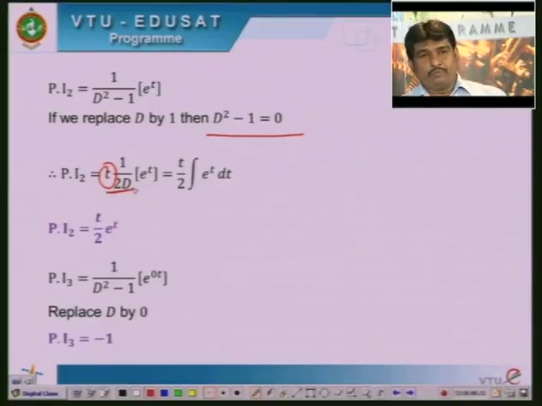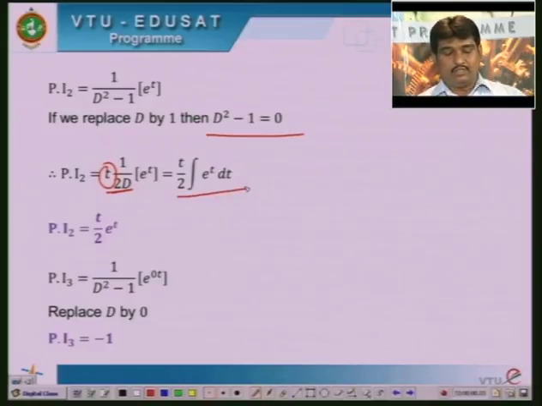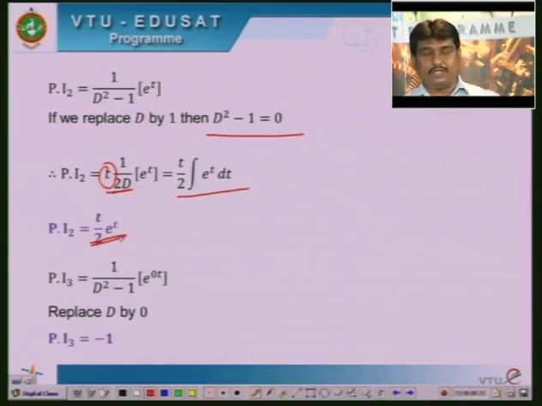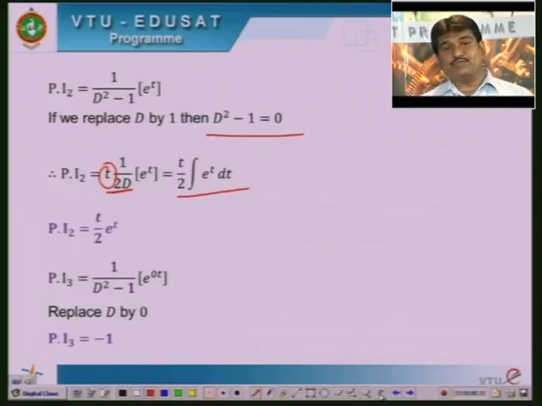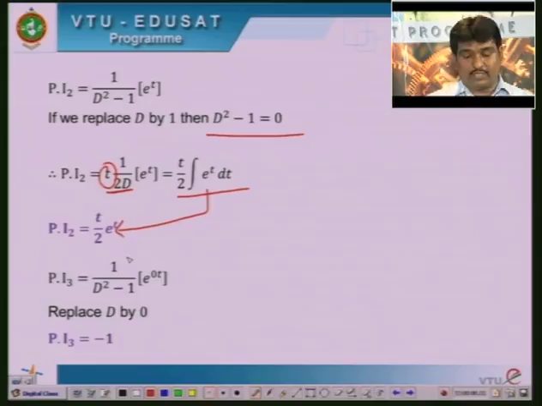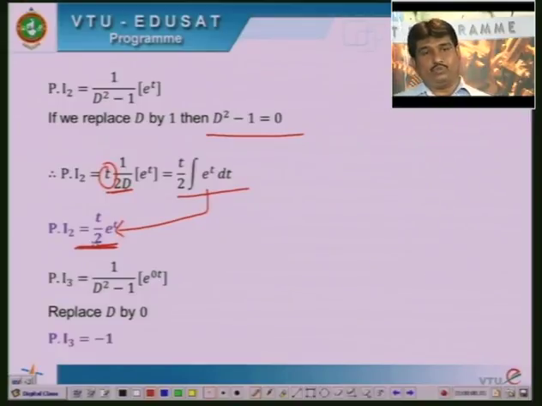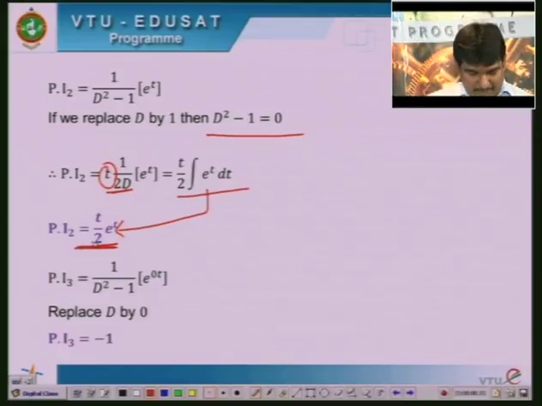So t into 1 by 2D on e to the power of t. Of course, here there is no need to integrate like this. You can directly replace D by 1 to get the same result, t by 2 into e to the power of t. Or else 1 by D stands for integration, so the integration of e to the power of t is e to the power of t again. This is PI2: t by 2 into e to the power of t.